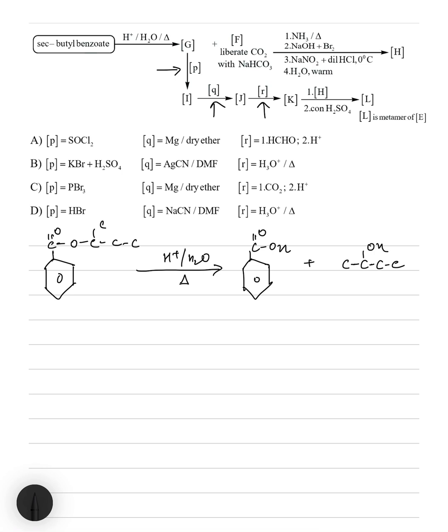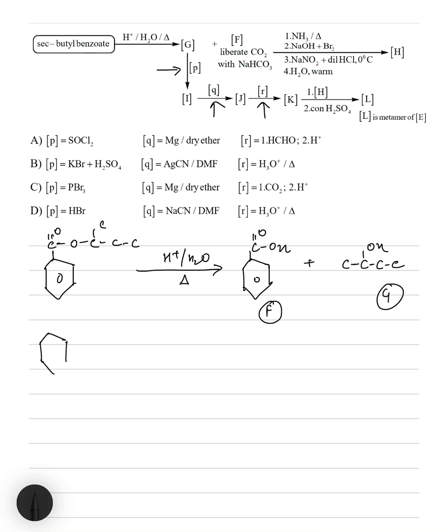Now here it is saying F1 is liberating CO2 with NaHCO3, and we know that carboxylic acids as well as benzoic acids have the tendency to liberate carbon dioxide when they react with NaHCO3, right? So this is our F1 and this is our G1.